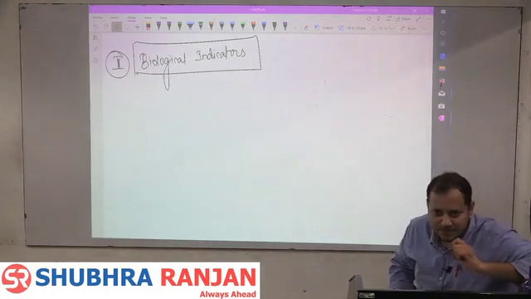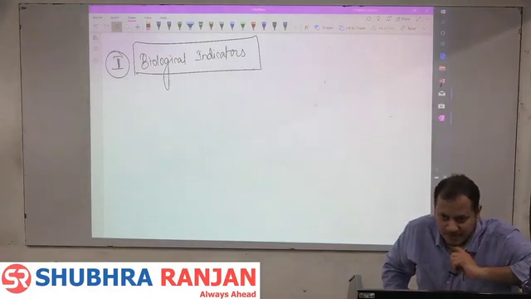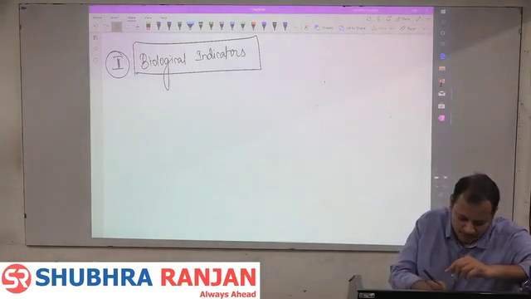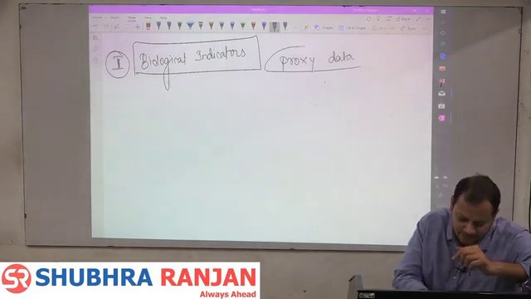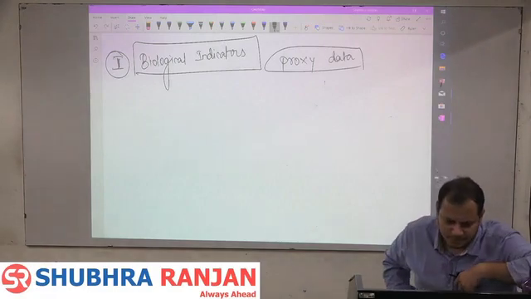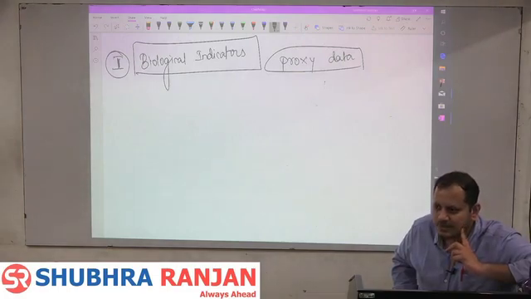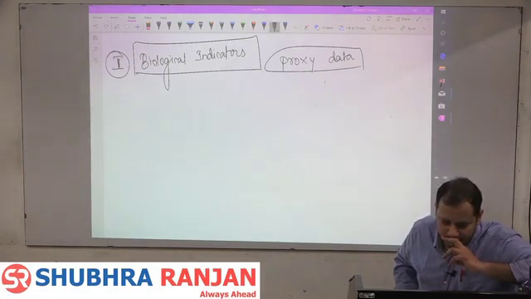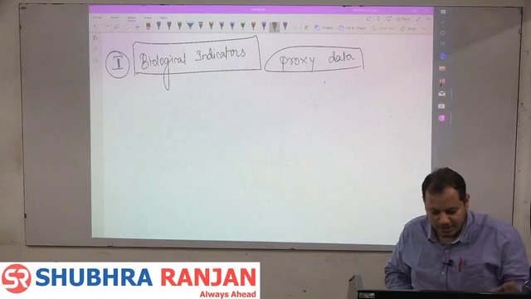So, biological indicators. This provides significant evidences and proxy data. Not exact data, but indirect data. That is why we write proxy data. Especially for temperature and moisture conditions.